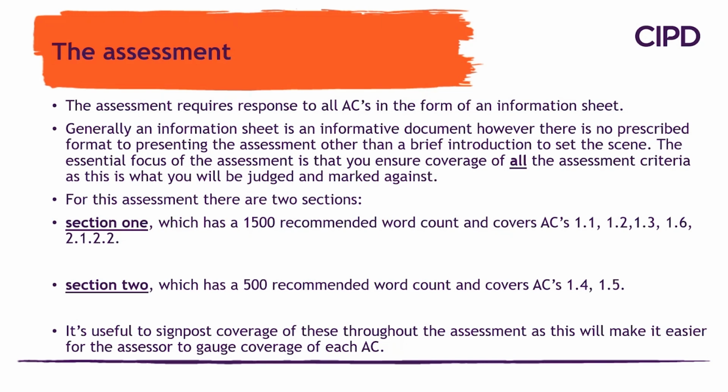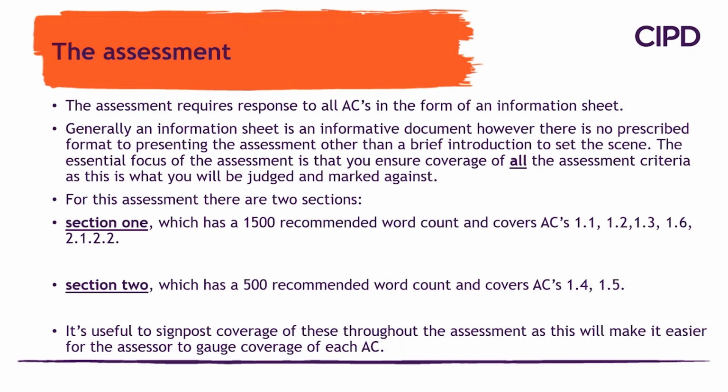So you might do an introduction to say this is for the new practitioners, etc. The main focus should be that you're covering all the assessment criteria, as this is what you're being judged against. For this assessment, there are two sections captured in the one document. Section 1 has a 1,500 word recommended word count and covers ACs 1.1, 1.2, 1.3, 1.6, 2.1 and 2.2.